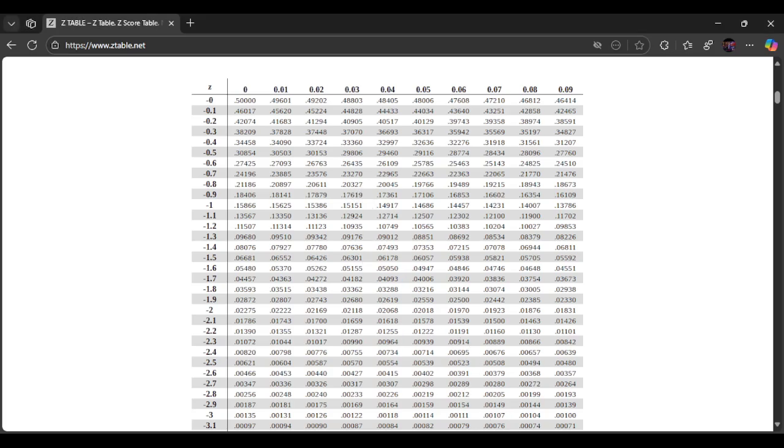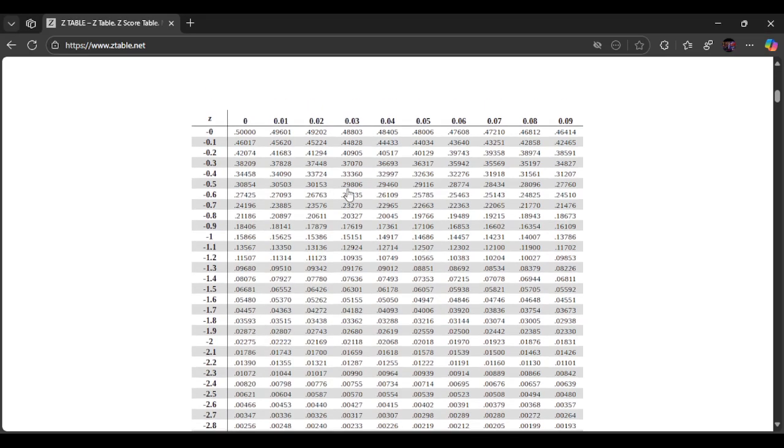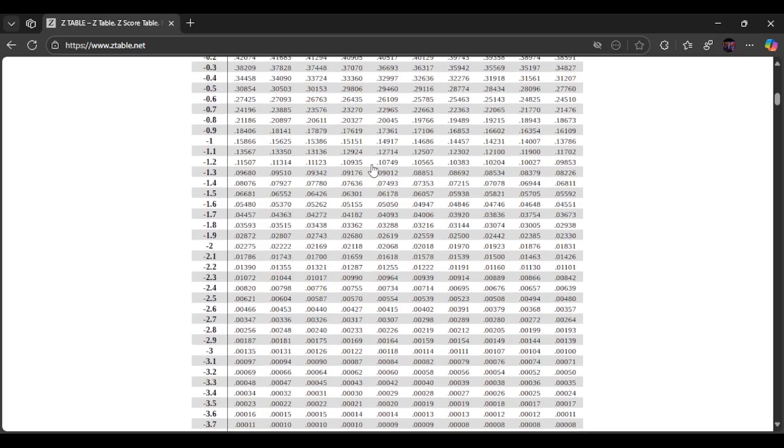At first the question had asked us to find the value of Z less than -3.2. So this is the negative Z table, the less than negative Z table.